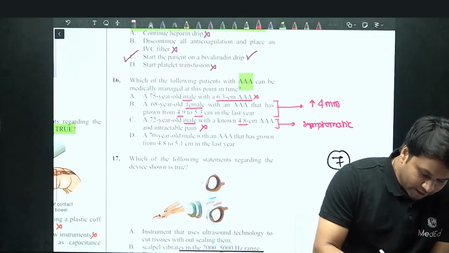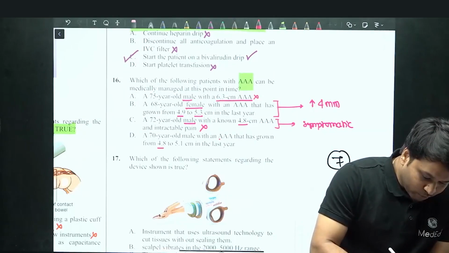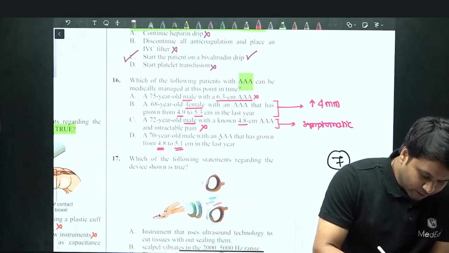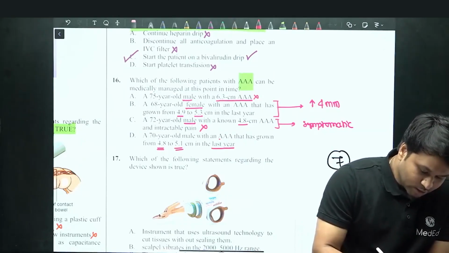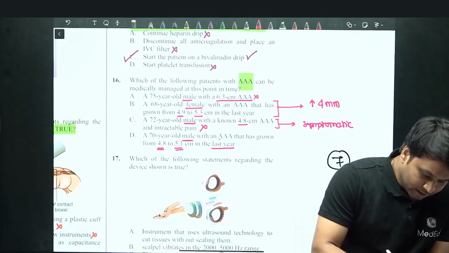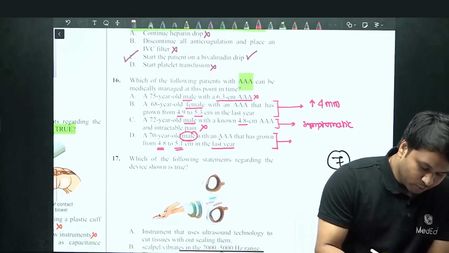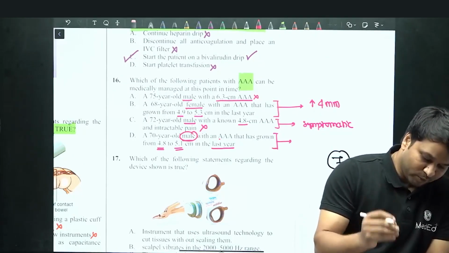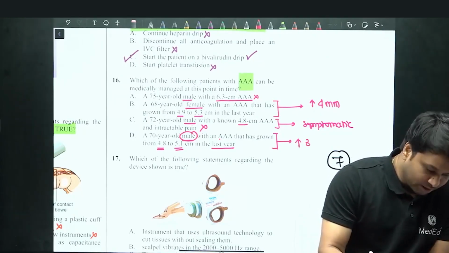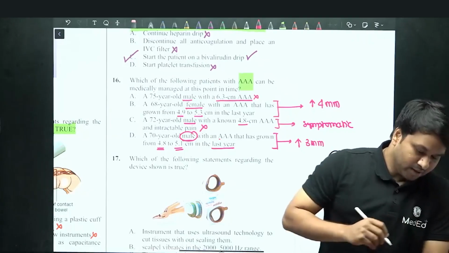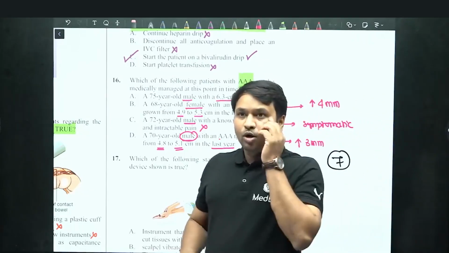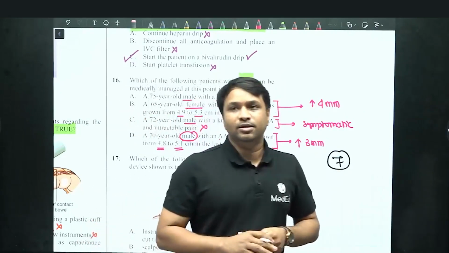A 70-year-old male with abdominal aortic aneurysm that has gone from 4.8 to 5.1 in the last year. So here it's a male. If you look at the increase, 4.8, 4.9, 5, 5.1, so there's an increase of 3 millimeters, right? Now, there's a small component that you need to understand in males and females.